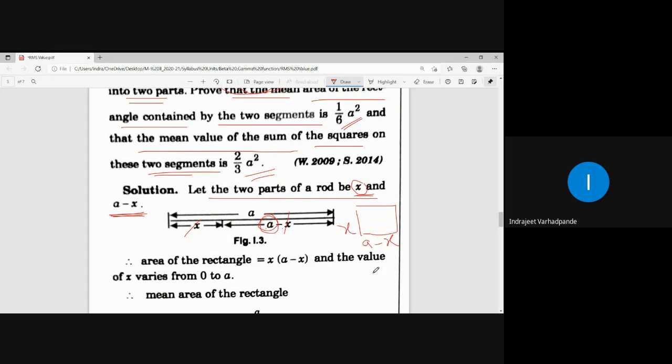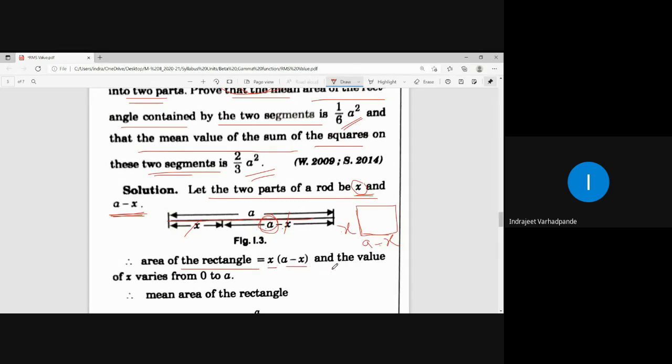Area of a rectangle is length into breadth. So as per the figure, after transforming this rod into a rectangular shape, one part will act as length and the other part will act as breadth. So the area of the rectangle is length into breadth, which is x into a minus x.